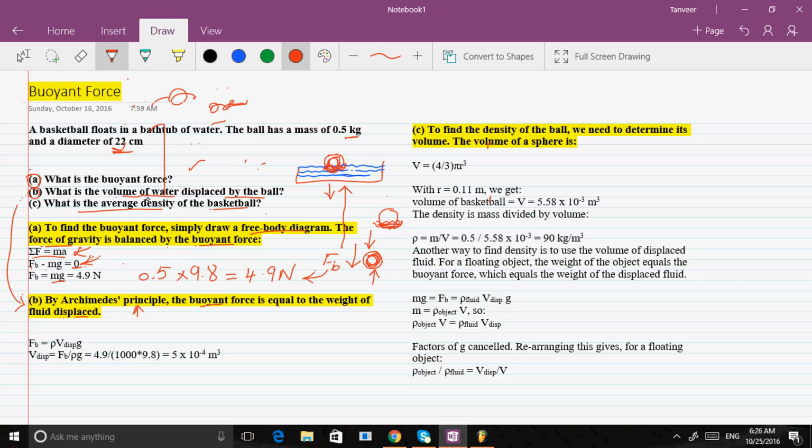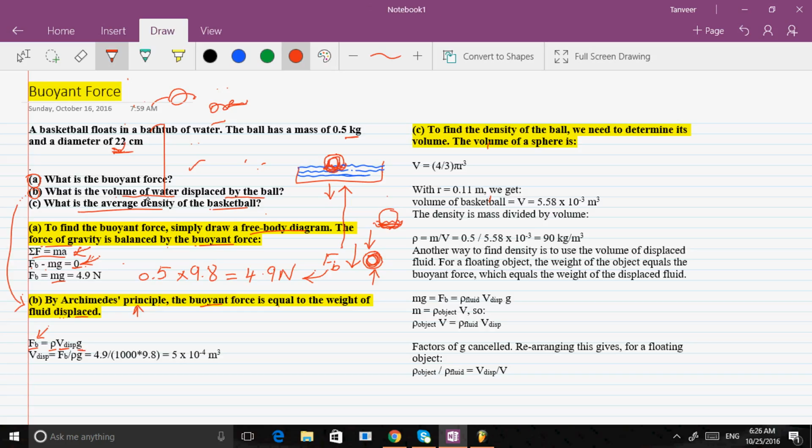Let's discuss this. The formula says in this case the buoyant force equals the density times the volume of the displaced water times gravity.